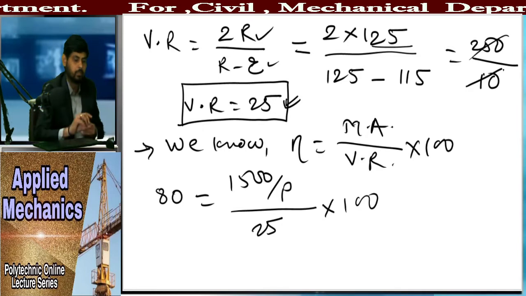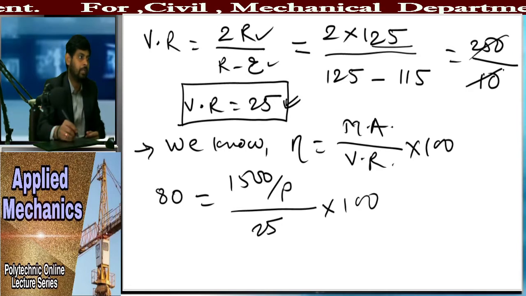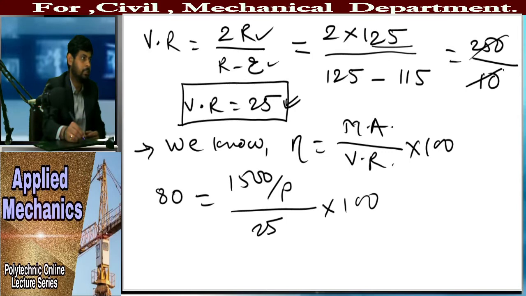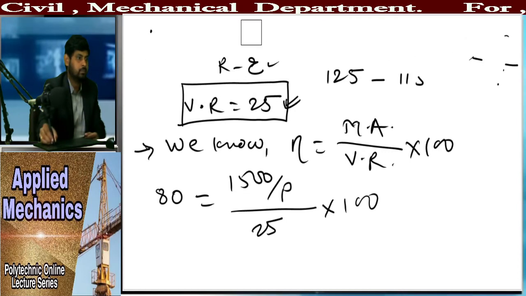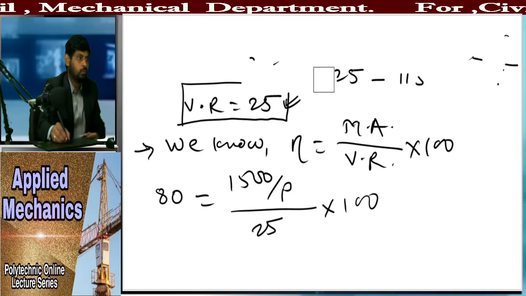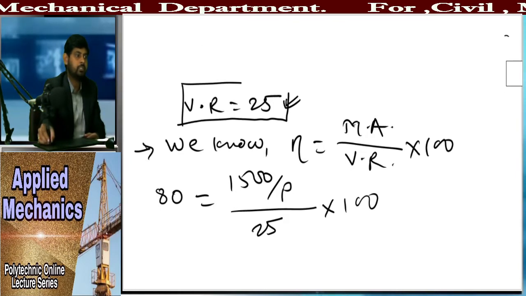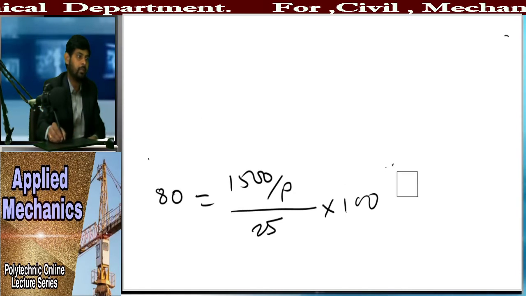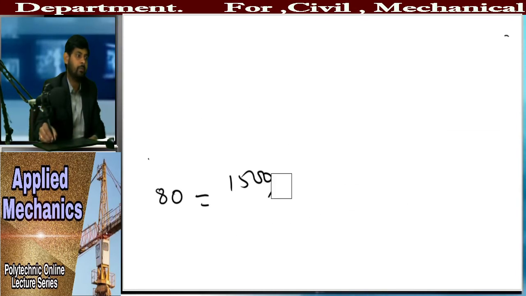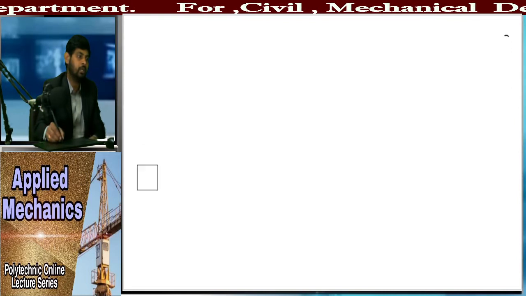Now we can write this term like, just wait a second. So this 100, which is on the right side, we can shift to the left side, so it goes in the denominator.